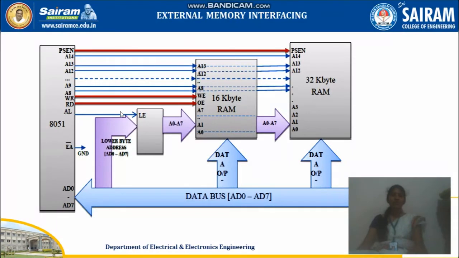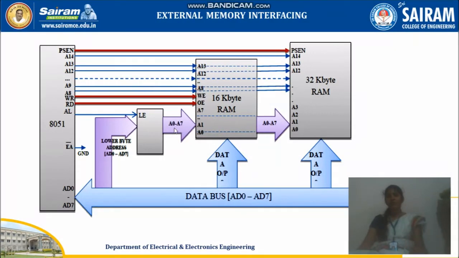So when this address latch enable signal is high, because here it is an active high signal, the address alone is latched from this multiplexed address and data bus, and it is given to the 16K byte RAM. RAM is nothing but your data memory.